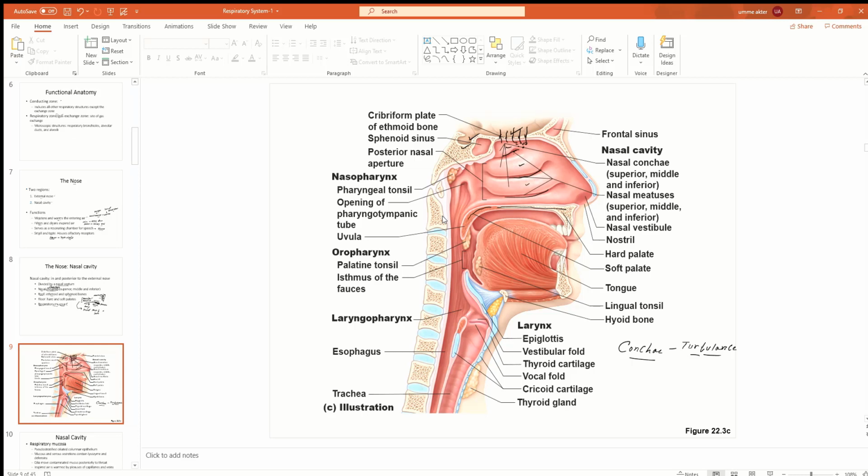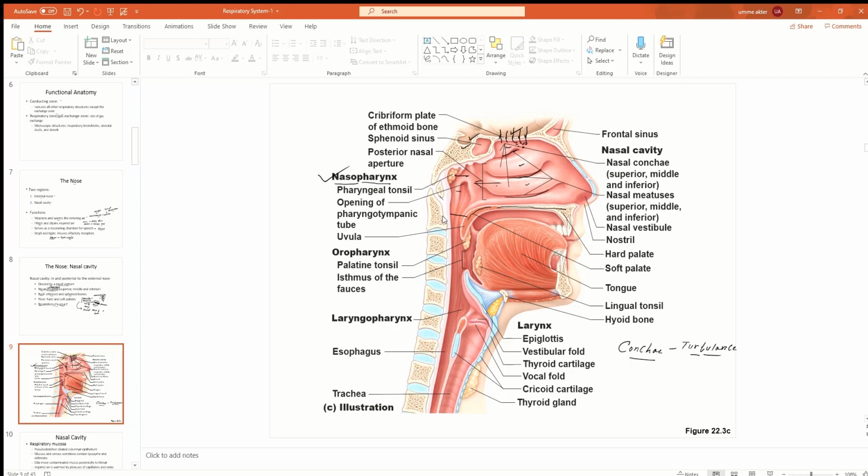Okay, now next to the nose is the pharynx, and I mentioned that most part of it is a common pass for the air and the food, except the upper part, right, which is behind the nose. So air from the nose enters into this upper part of the pharynx, which is called the nasopharynx. Okay, so this part is only for what? Only for the air, this part of pharynx.